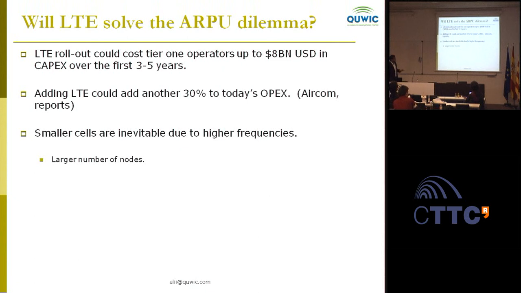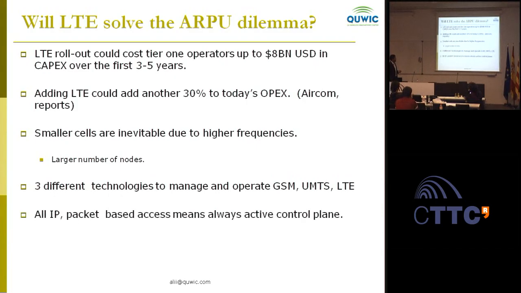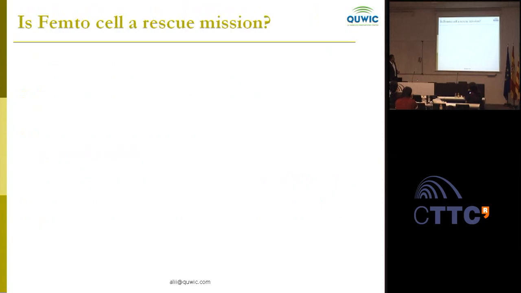Smaller cells are inevitable because of the higher frequencies, and on top of that we have 3 different technologies to manage because operators want to preserve their investment in the previous technologies. And all IP is a very good thing, but you have to keep the control plane always active.